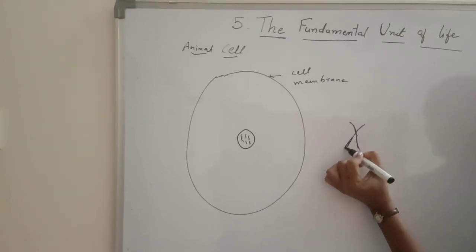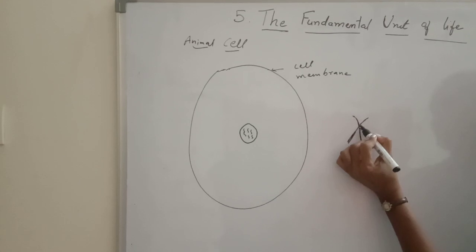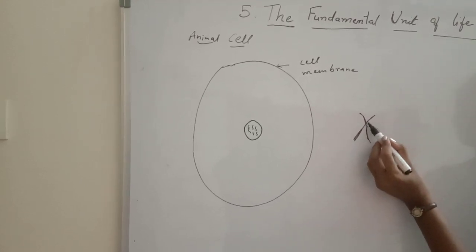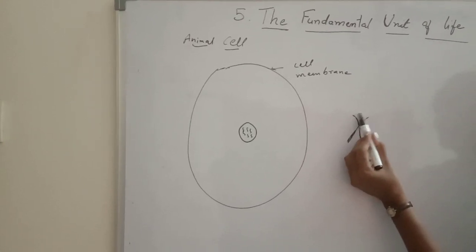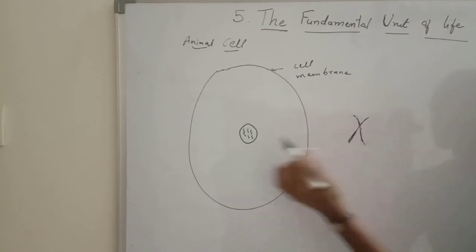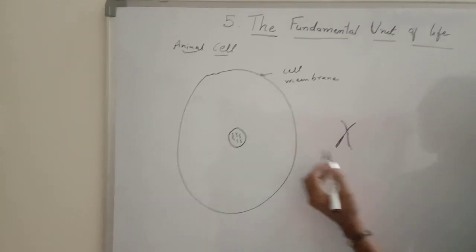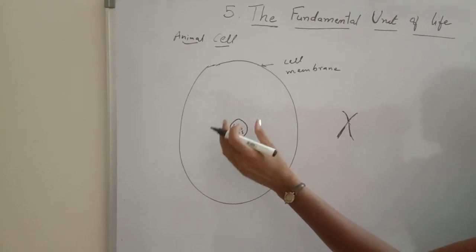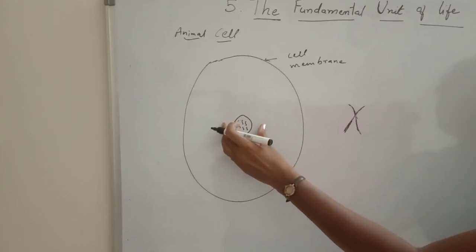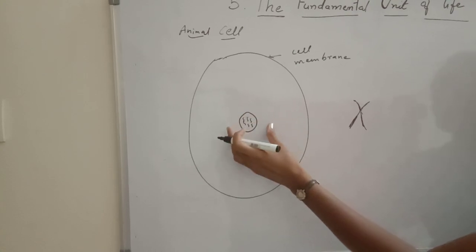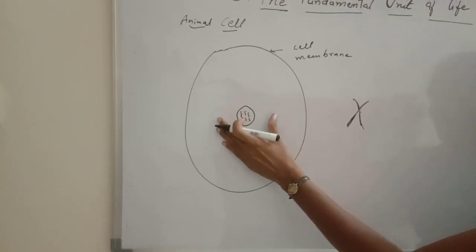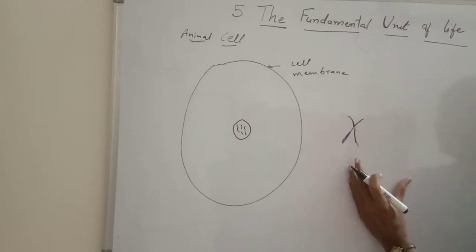The center is called the centromere. So this is the actual structure of chromosomes. But when it is in the nucleus, it seems like a rod-shaped structure. These chromosomes are responsible for carrying the hereditary material from parents to offspring.